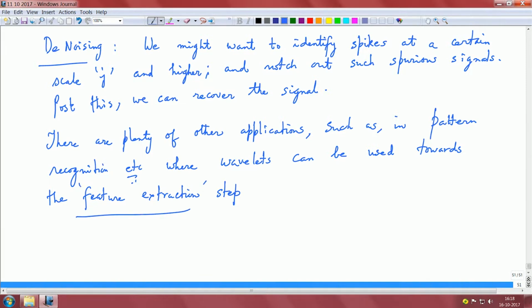So, this is another possible application. You do a wavelet decomposition, let us say you got the coefficients for f naught, you got the coefficients for w naught, w1, w2, w3, so on, right, and you can use those coefficients in some form towards pattern recognition applications. So, if you have to recognize certain shapes, etc., you can do a decomposition, and the decomposition gives you certain features, and you might want to use those features in some way. So, wavelet can be in some cases a good tool for feature extraction.